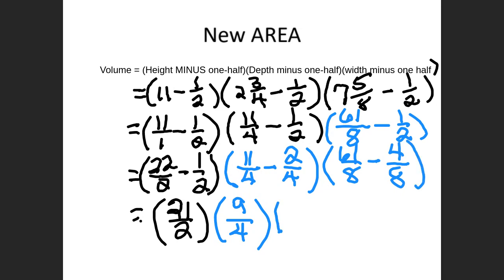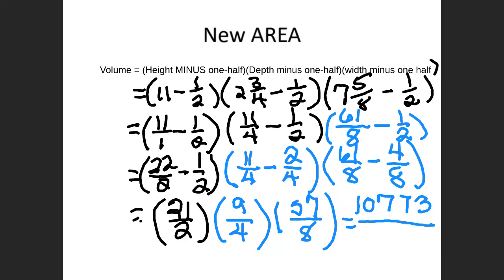This will give me, in this case, 57 over 8. Now I've got to multiply all of these numerators together, which means I have 21 times 9 times 57, which is 10,773 over 2 times 4 times 8, which is 64.